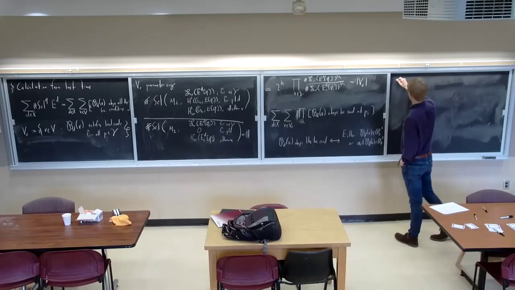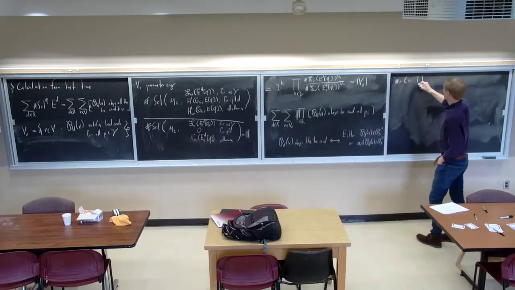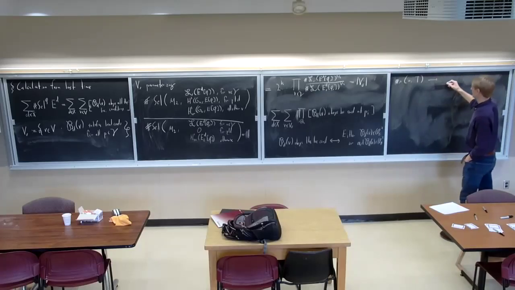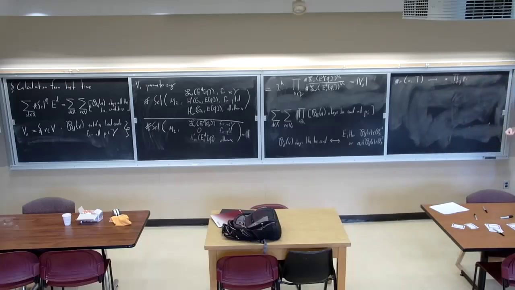If you recall, the way the parameterization works is that we have an element A dividing A and a subset T. And this corresponds to the element A times the product over T of Pi. That's how we get an integer.